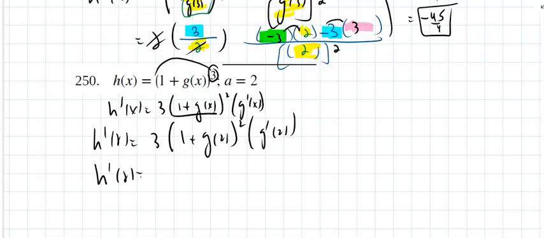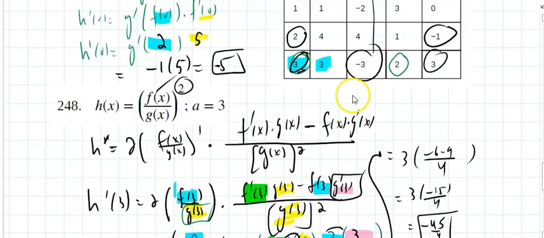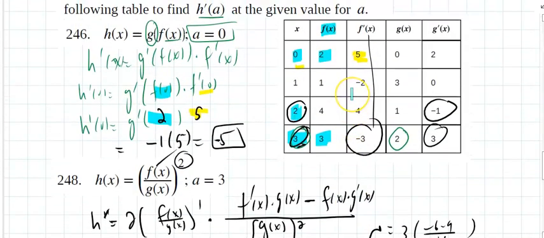H prime of 2 will equal 3 into 1 plus. So if I'm looking for x equal 2, I need g of 2. There's x equal 2. And g happened to be right there, which is a 1.